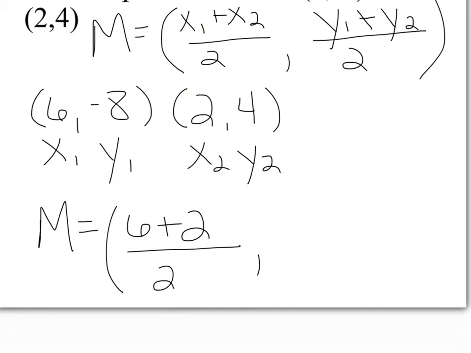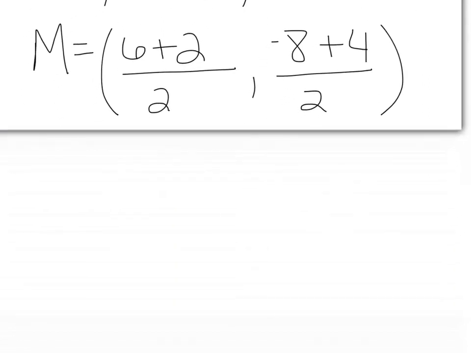And then I want y1, which is right here, y1. Negative 8 plus y2, which is right here, and is 4, over 2.